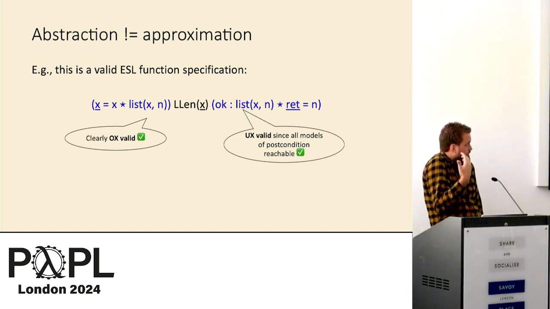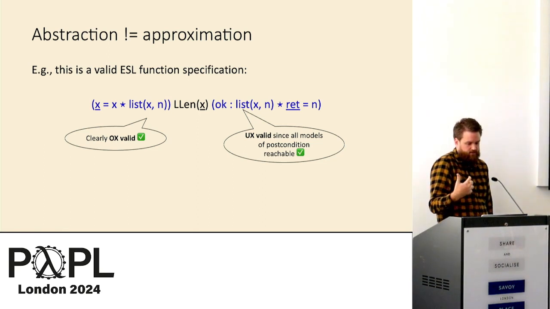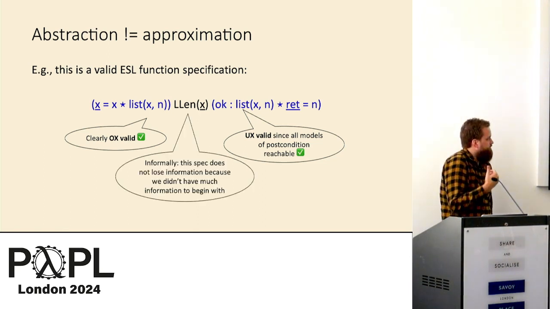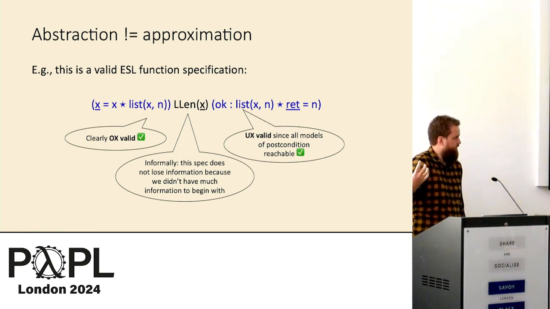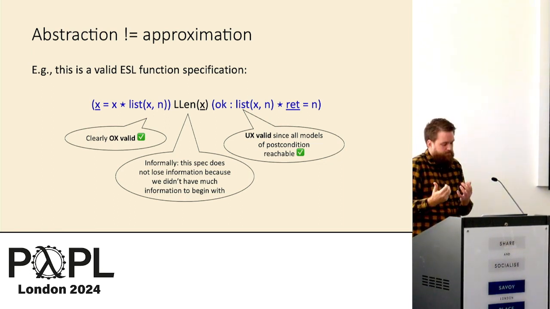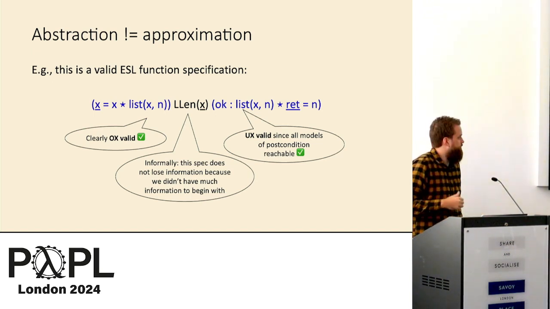And maybe another way to informally think about this is that in some sense we didn't have a lot of information to begin with, so therefore we do not need to specify a lot of information in the post. So therefore we do not drop information here, so therefore this is a valid under-approximate spec.